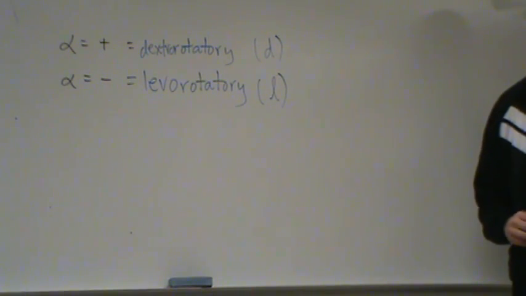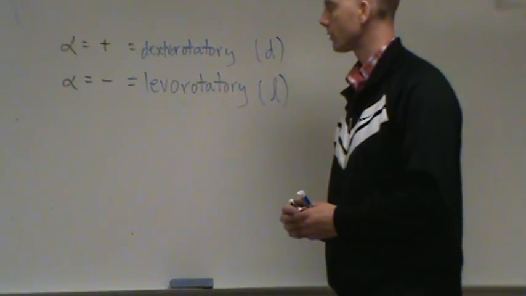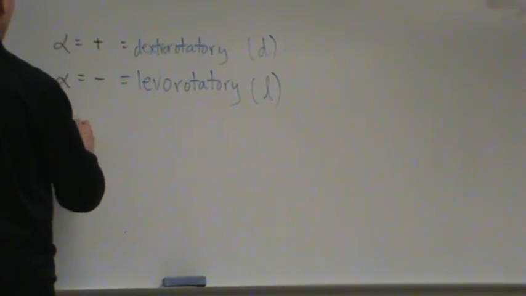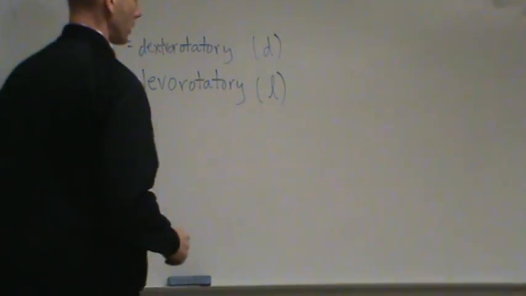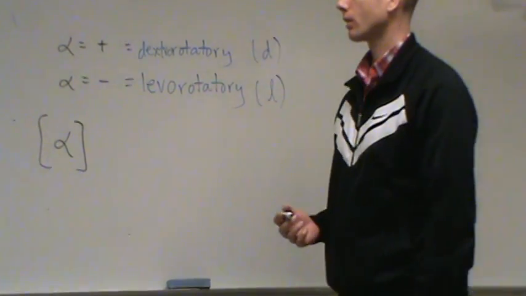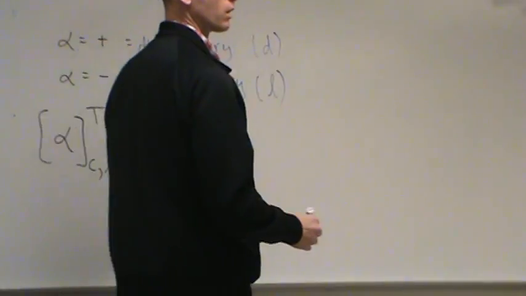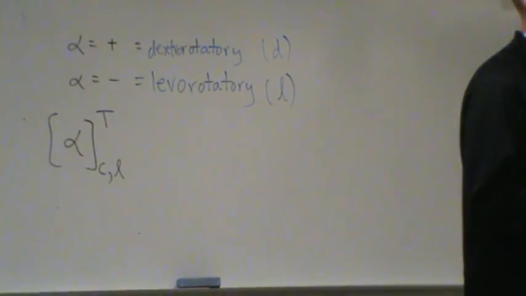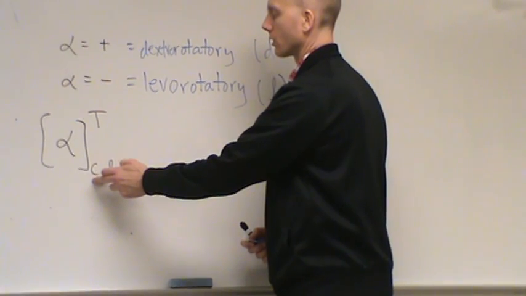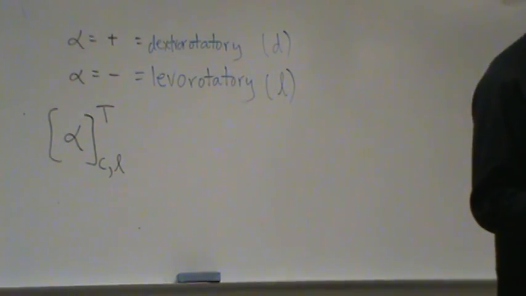Let's take it a step further here. When we report an alpha value, we'll report it in brackets, and we always report it with different parameters. We report it with the temperature, concentration, and L. This L stands for the length of the tube that was in the polarimeter.